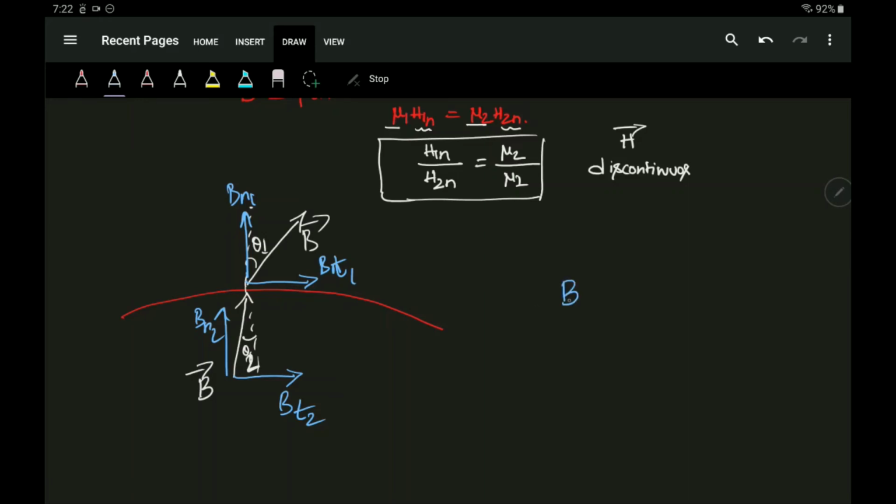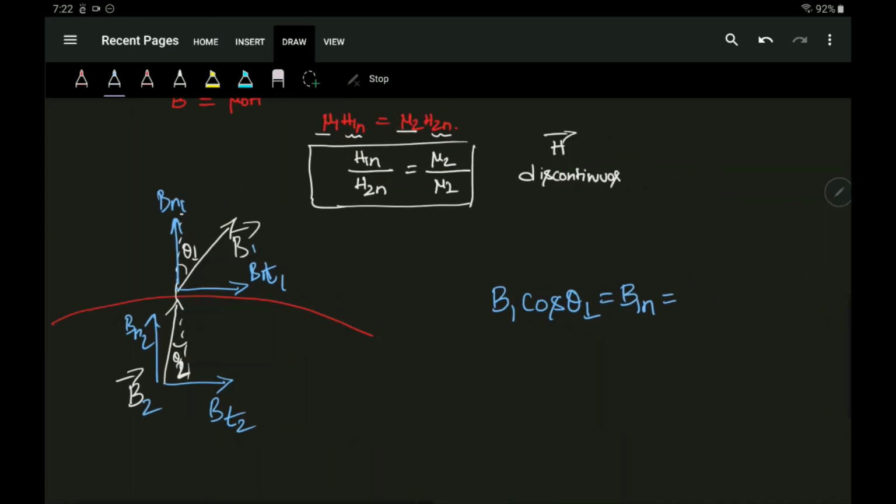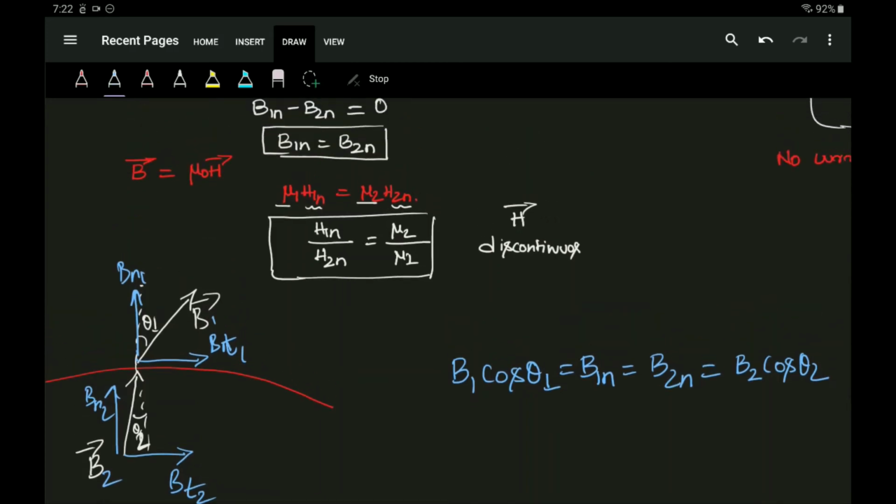For B1, the flux at cos theta 1, if I say this is B1 and this is B2, B1 cos theta 1 will be nothing but my normal component B1n, which we have already proved. B1n will be B2n, right? So what is B2n? B2n will be nothing but B2 cos theta 2.